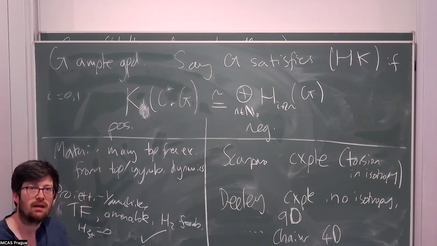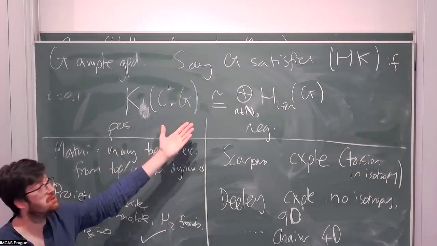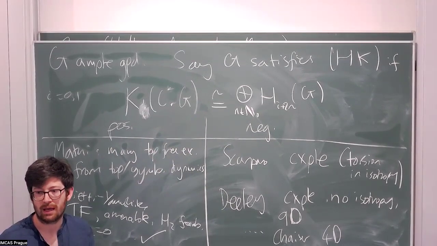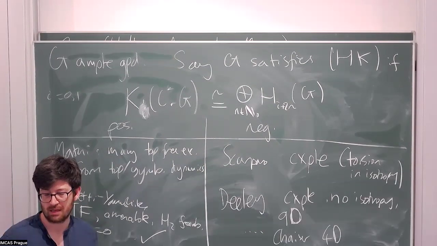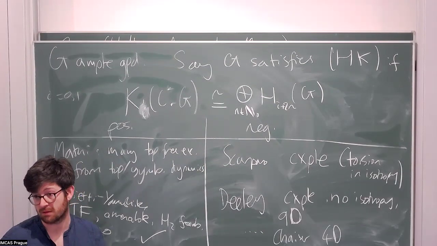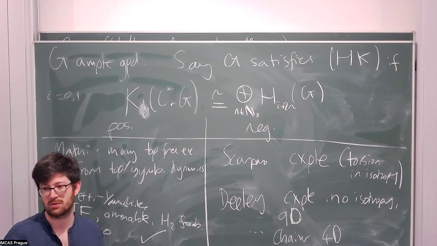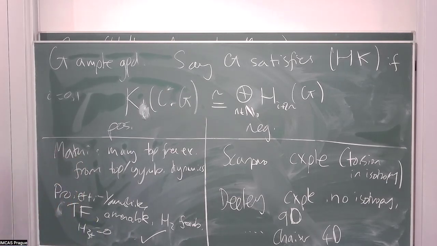It's more complicated than a direct sum, but in low dimensions, it does look like a direct sum. And also rationally, it's going to look like a direct sum if you have some kind of map the other way, some kind of Chern character. So that's how these ideas all tie in together.